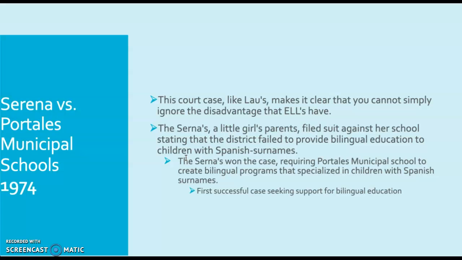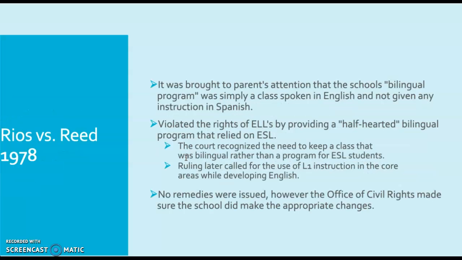The Sernas actually won the case, later requiring Portales Municipal Schools to create bilingual programs that specialized in children with Spanish surnames. And this was actually the first successful case seeking support for bilingual education.